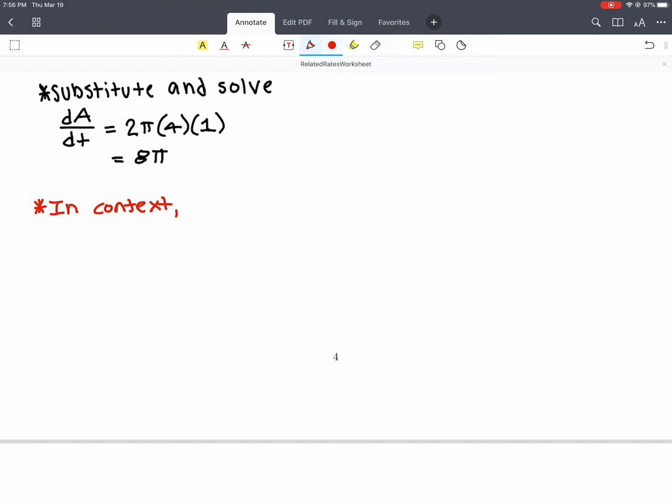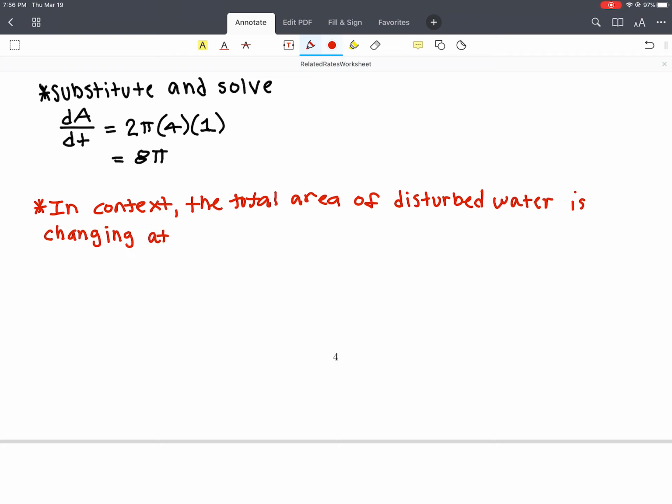The total area of disturbed water is changing at a rate of 8 pi feet per second.